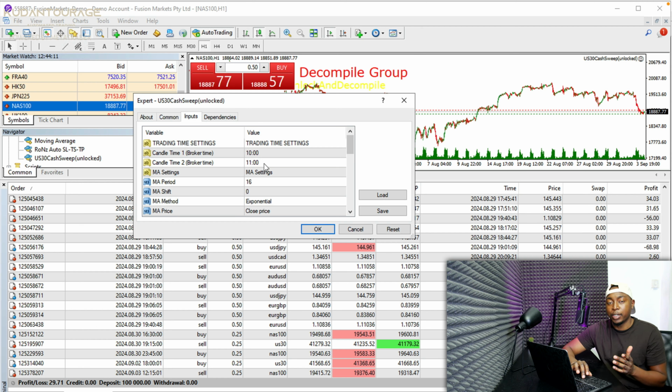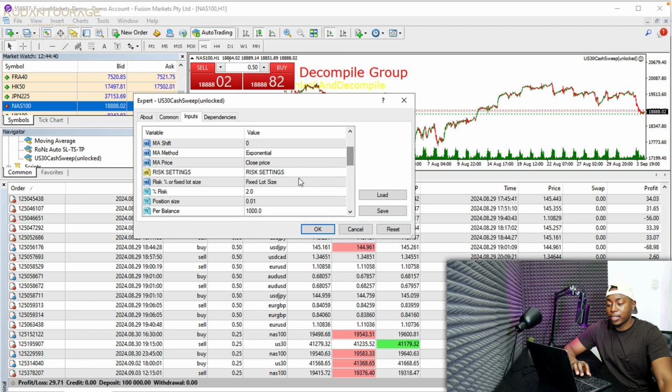This is calibrated into the system so that it recognizes when there's going to be those particular movements for the NAS100 and the US30. It's just how the market works. It's a little bit of a trade secret. When you see a lot of traders that trade the NAS and the US30, you notice they trade at very similar times. There is a little bit of a secret to this in terms of how it's coded in, but when you get the bot, you kind of understand how it works.